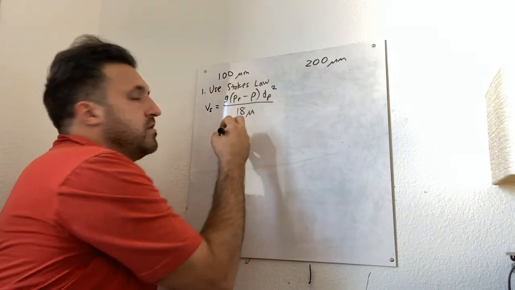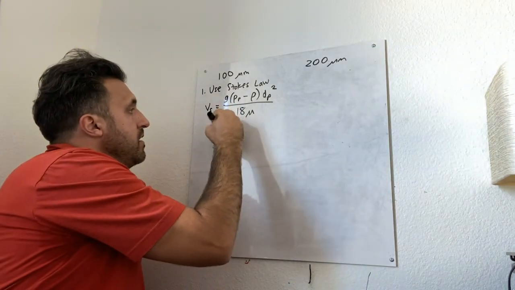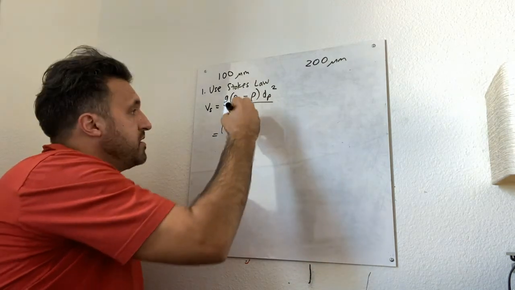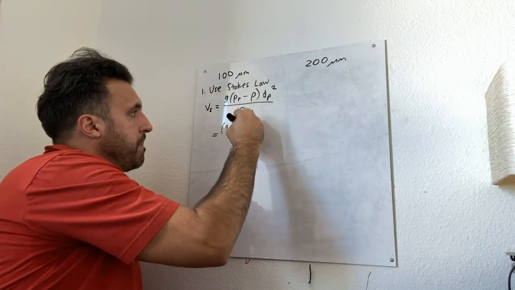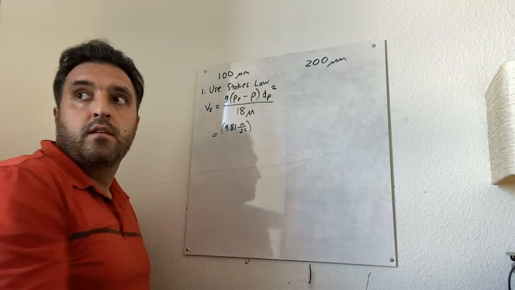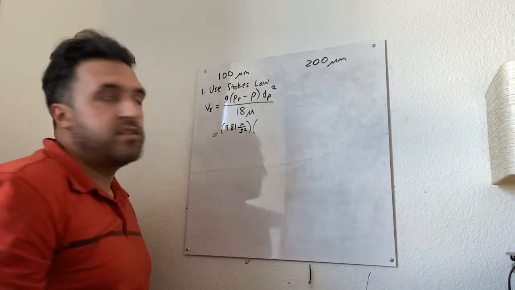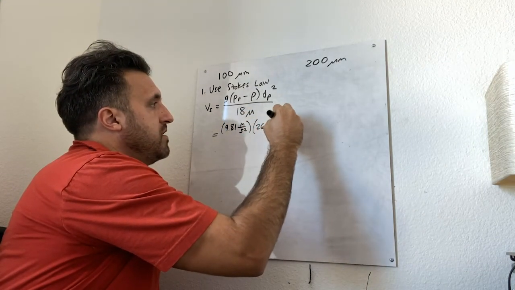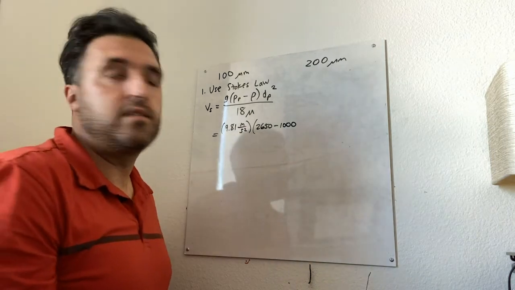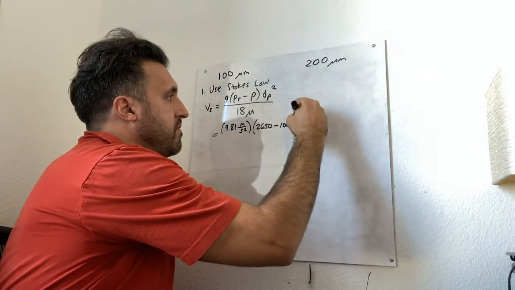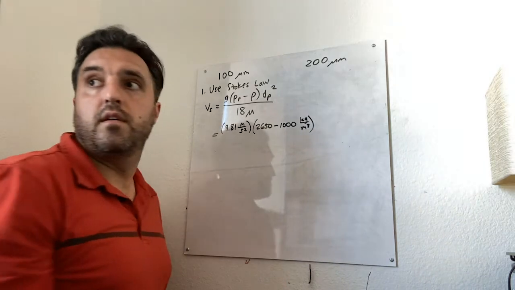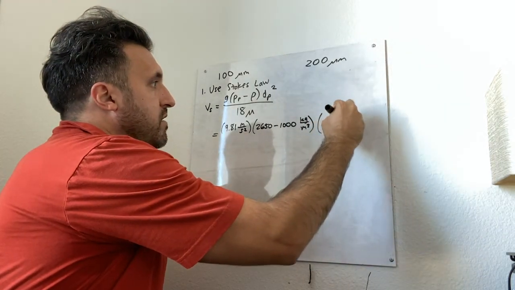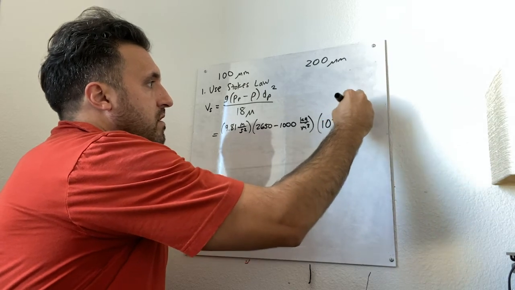All right, so that's equal to 9.81 meters per second squared. And the difference in densities is 2,650 minus 1,000. The units there are kilograms per cubic meter. Then we've got the particle diameter, which is 10 to the negative fourth meters, and that's squared.